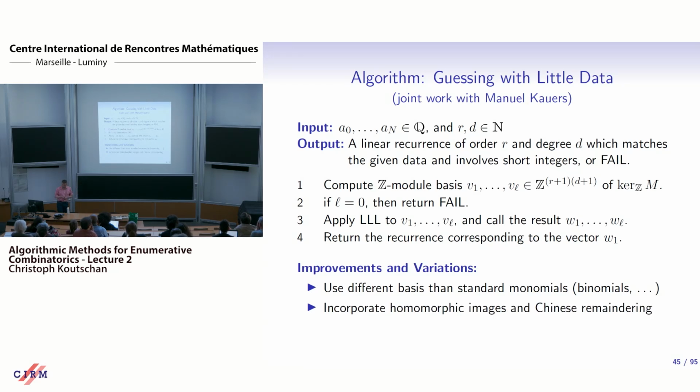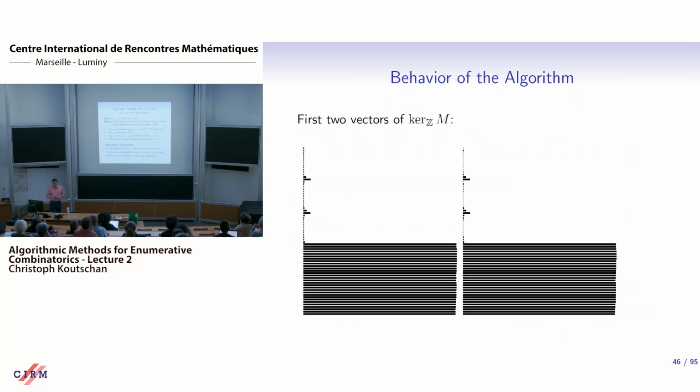We can do homomorphic images and Chinese remaindering to speed up the calculation. And well, in practice, you usually don't know what the r and the d are. You want to try all possible combinations, and then you can set up the implementation in a way that it reuses results from previous computations to make them more efficient. But all this is quite technical, and I don't want to bother you with this.